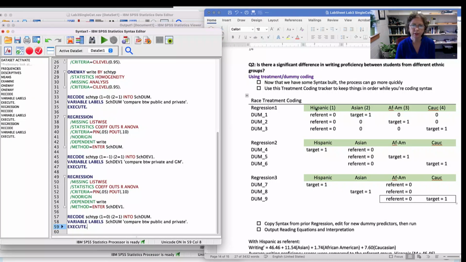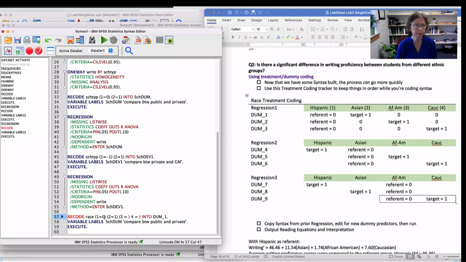For the race variable, Hispanic is coded as 1, Asian 2, African American 3, and Caucasian 4. So we're going to say recode race. We have 1, 2, 3, and 4, and we're going to code this first one into DUM1.